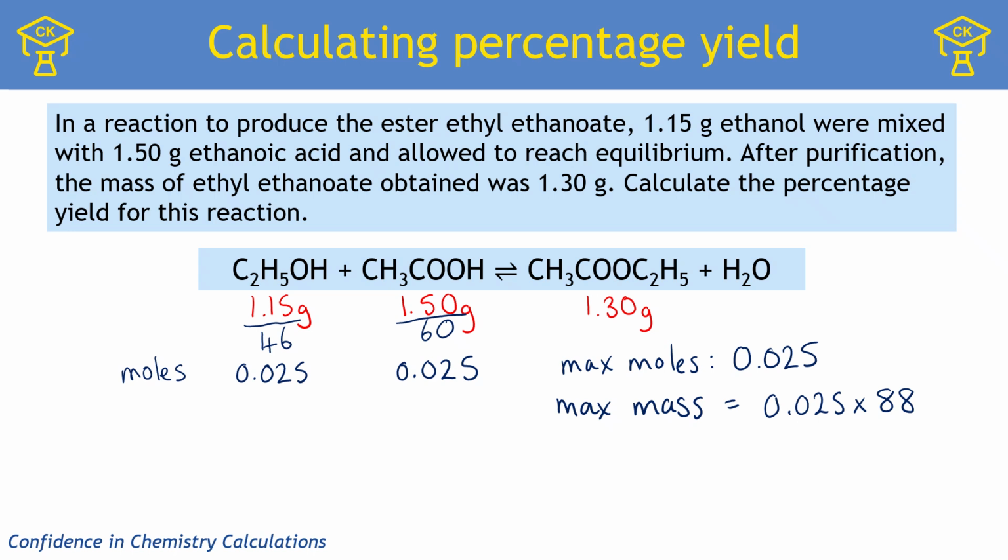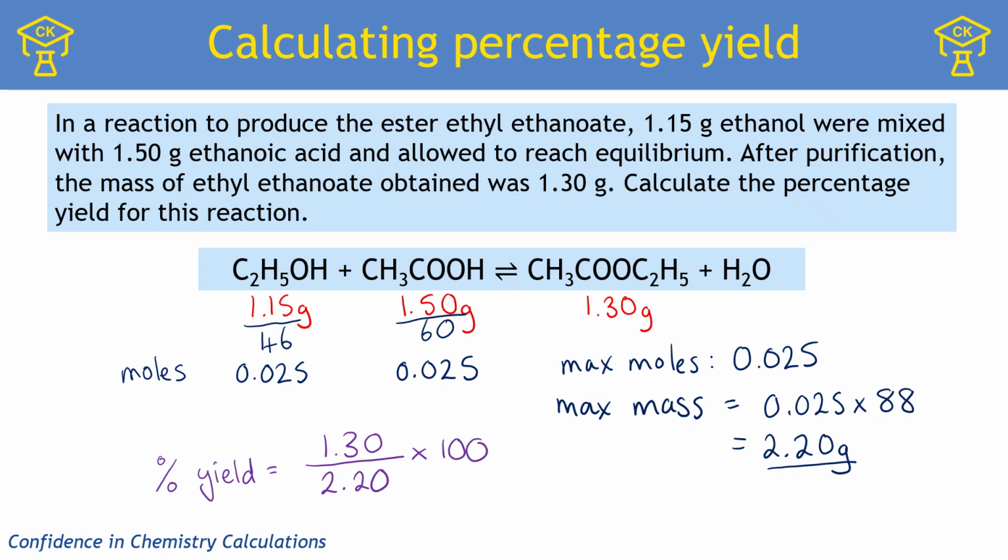And my maximum mass is 2.20 grams. I now need to put that into my percentage yield calculation. So percentage yield is going to be my actual mass, which is 1.3, divided by theoretical maximum 2.2 times 100, and that is equal to 59% as a percentage yield.